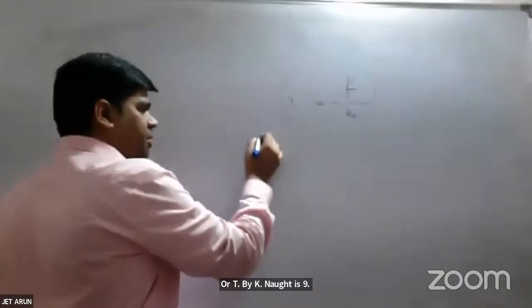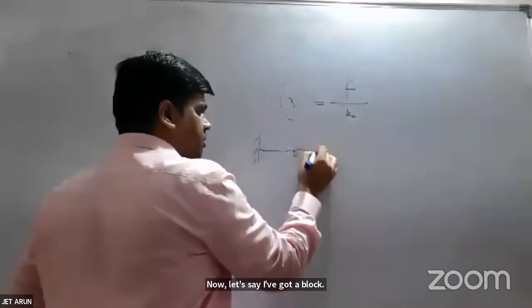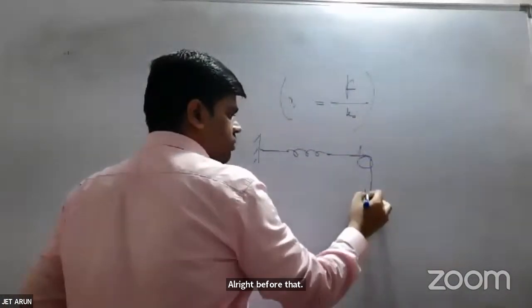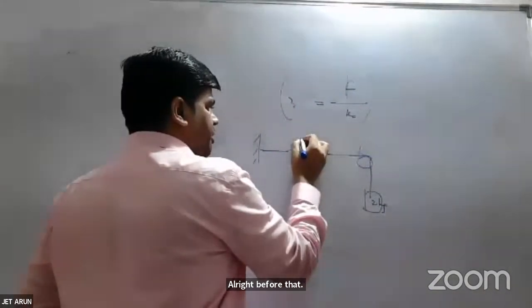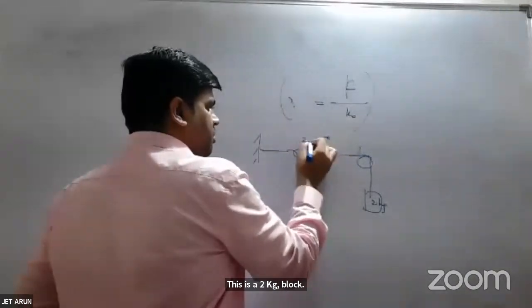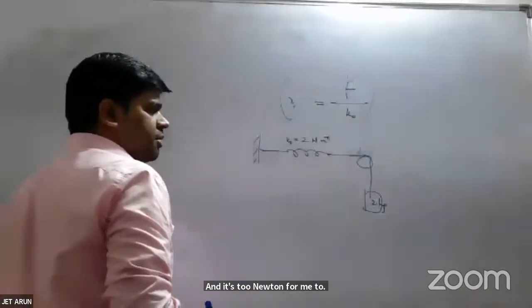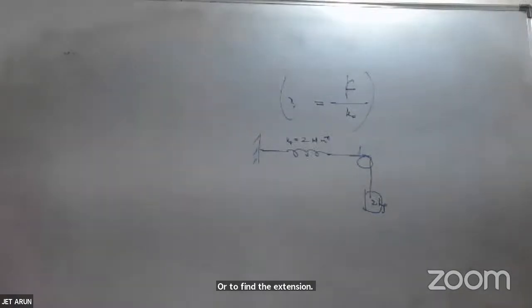Now let's say I've got a block. This is a 2 kg block, and K naught is 2 Newton per meter. I have to find the equilibrium extension in the spring. How do I do it?